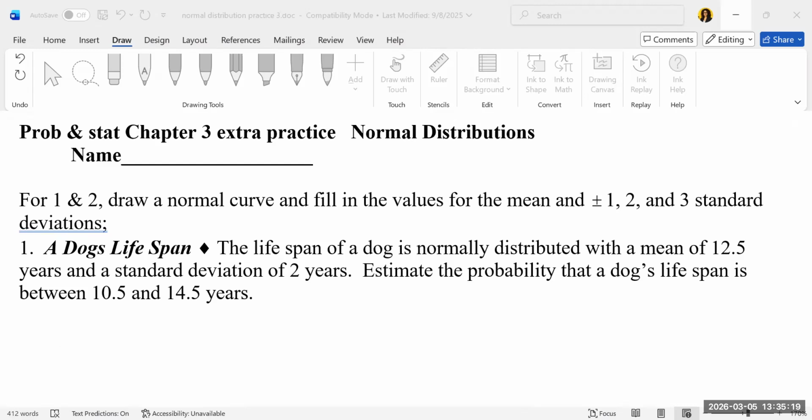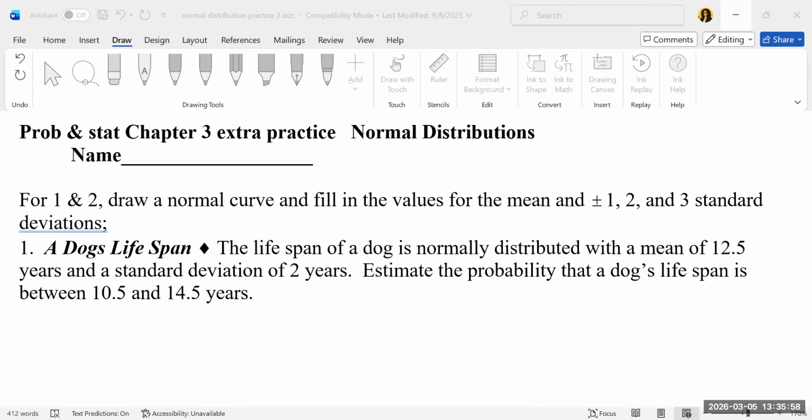Remember that if you standardize, the mean is 0 from unit 1. So this is 1, this is 2, this is 3. This is minus 1, minus 2, minus 3. A standard normal curve is drawn with standard deviations, standardized.